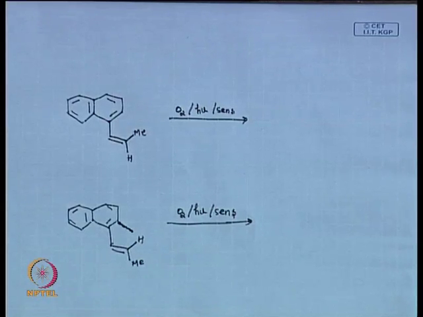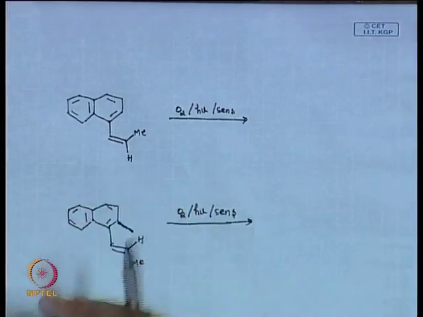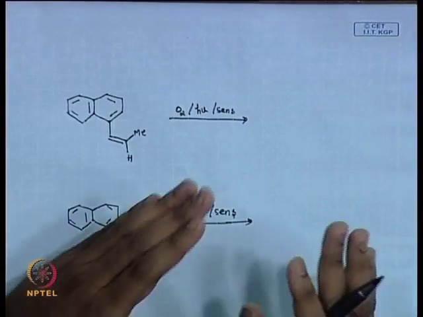So, what will happen? In which case are you thinking about the ene reaction, and in which case the 4+2 cycloaddition? Among these two molecules, one gives only the ene reaction and the other gives only 4+2 cycloaddition.